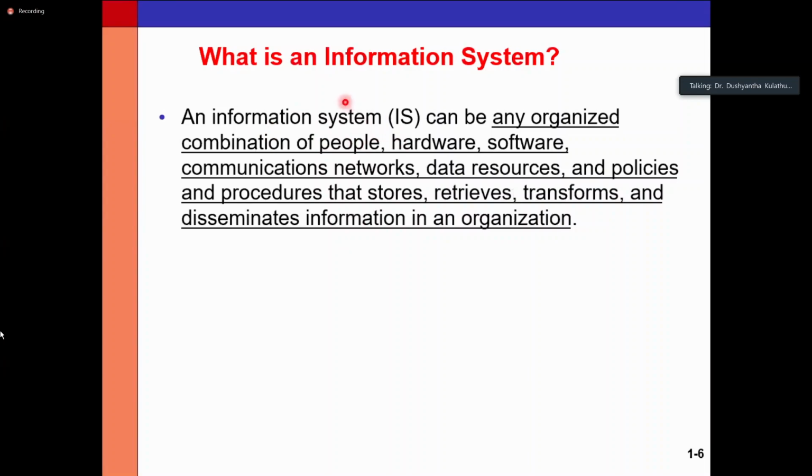So when it comes to an information system, the primary output that we will be looking at is information. Information will be processed in different ways: we may be storing, retrieving, transforming, disseminating, and so on. That is the general understanding that we should have in relation to information systems.